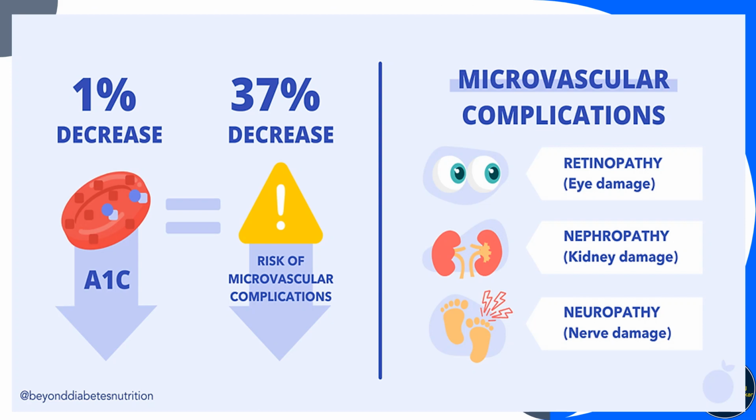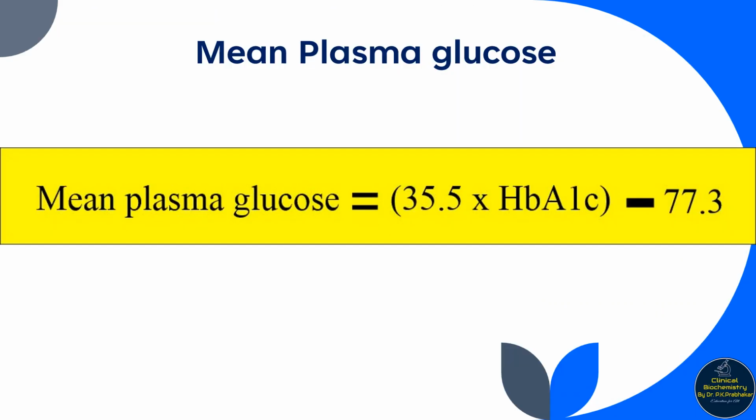So roughly, a 1% decrease gives a 37% decrease in cardiovascular risk, or a 1% increase is equal to 35 mg per dl in glucose value. Whenever this decreases, microvascular complications also decrease, so it improves the complications also. In the case of diabetes, the major issue is the complications only.